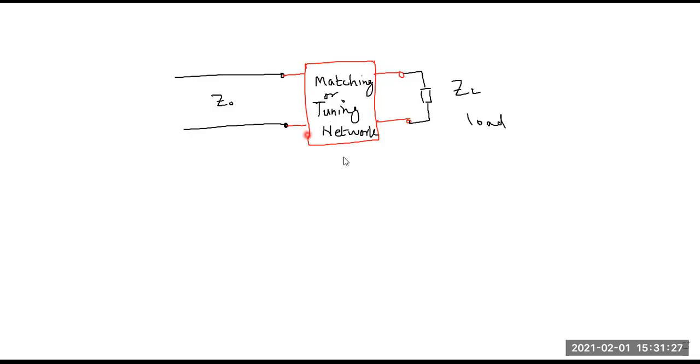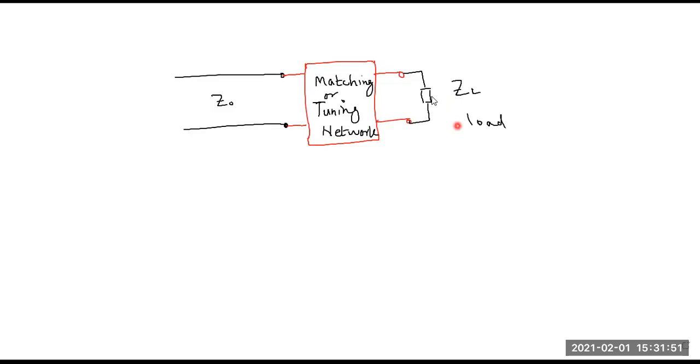So we are going to understand the role of this network that we have connected between the load and the main transmission line. From a broader perspective, I have connected this circuit so that our circuit becomes matched.